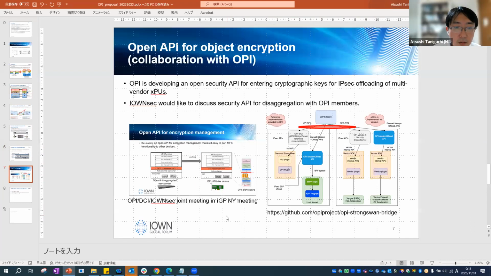Two years ago, we discussed such an OS-independent API in the joint meeting, the ION OPI and IONSEC joint meeting. I think OPI could develop the security API for the XPU and the kernels. So I would like to discuss the security API for this disaggregation with OPI members.